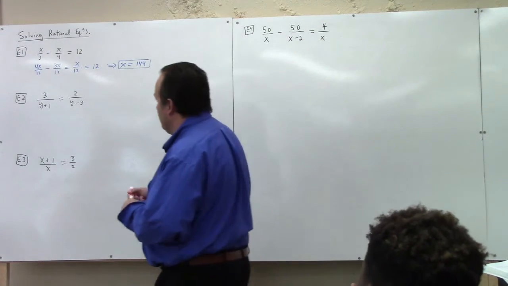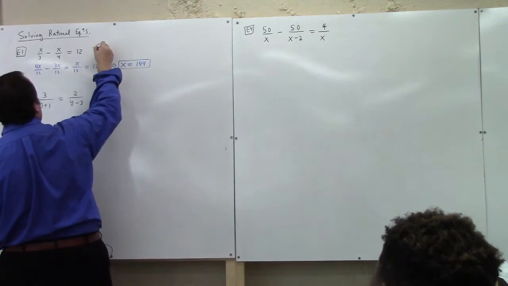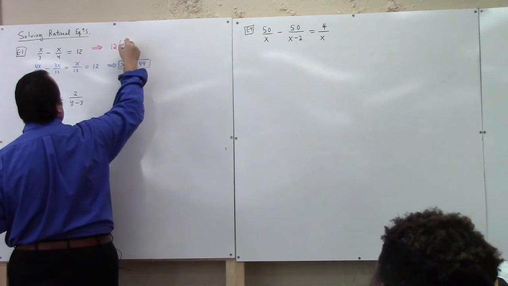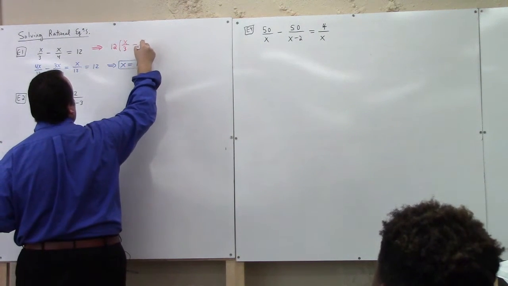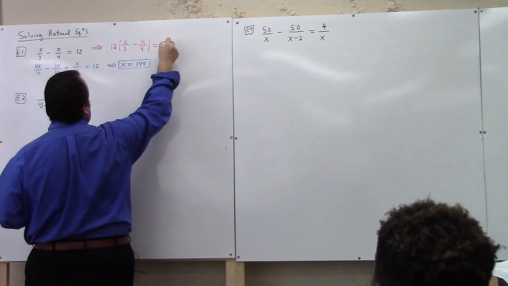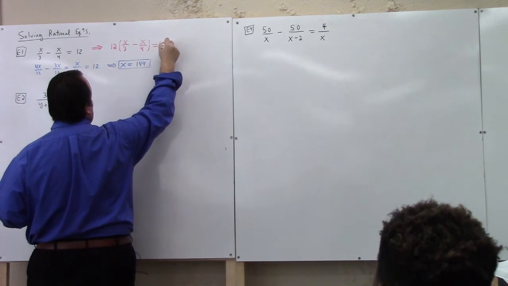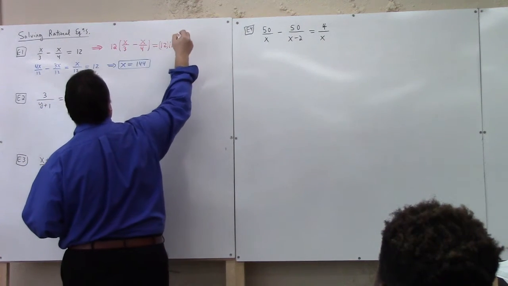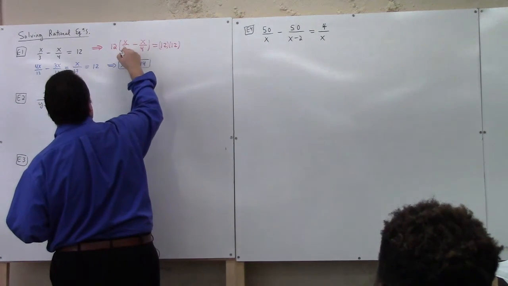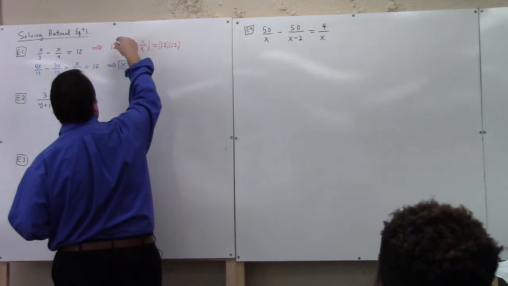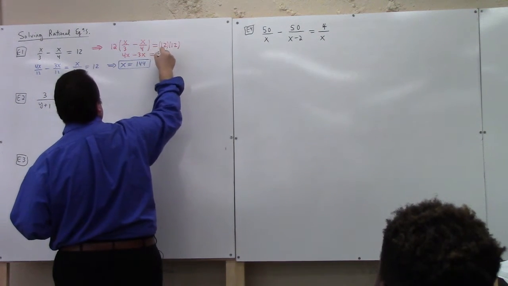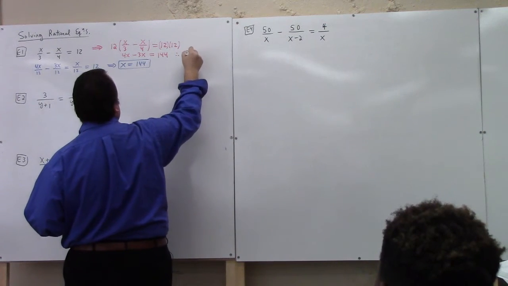So one of the things I could do here is just multiply by 12. So 12 times x over 3 minus x over 4 is equal to 12 times 12, right? And what would that give you? Yeah, so 12 over 3 cancels to give me 4x, and then I get 12 over 4 minus 3x equals 144. x is equal to 144.